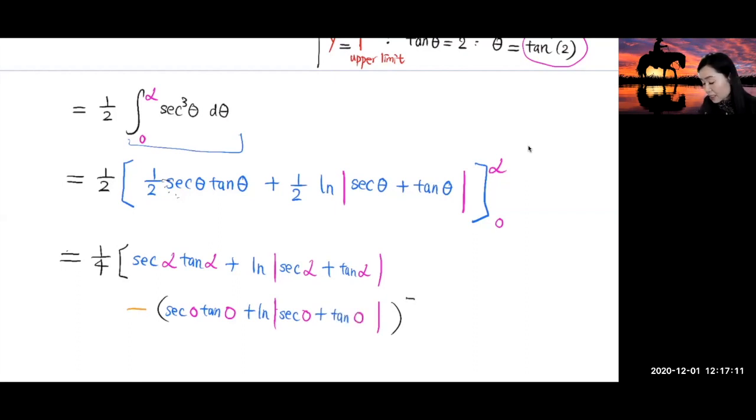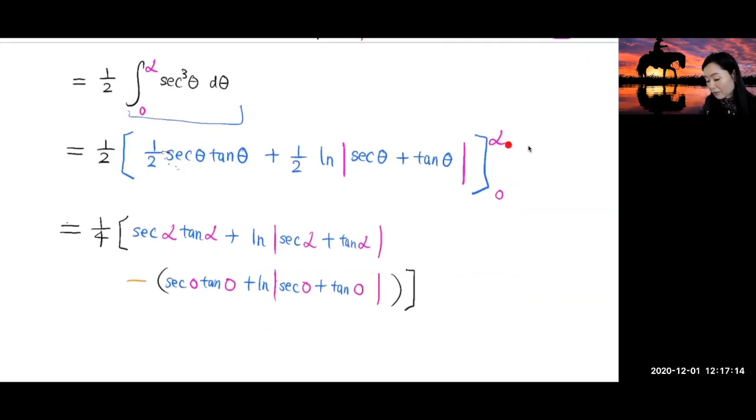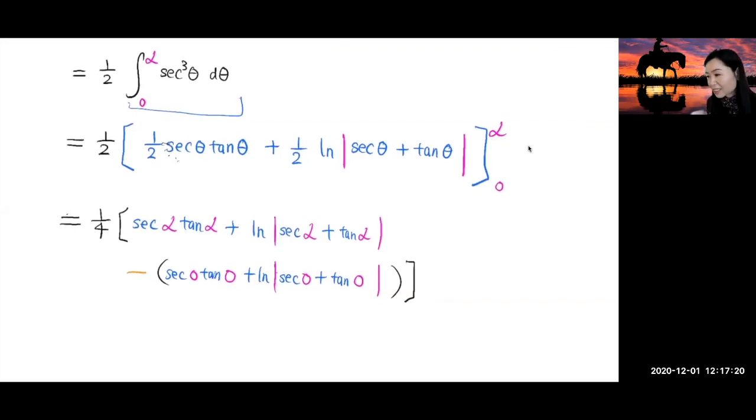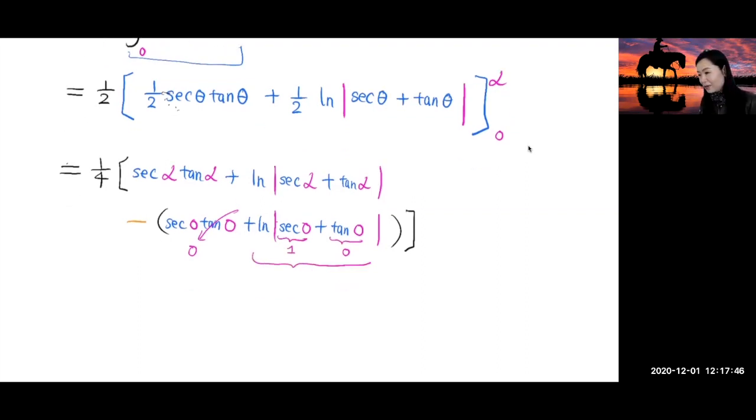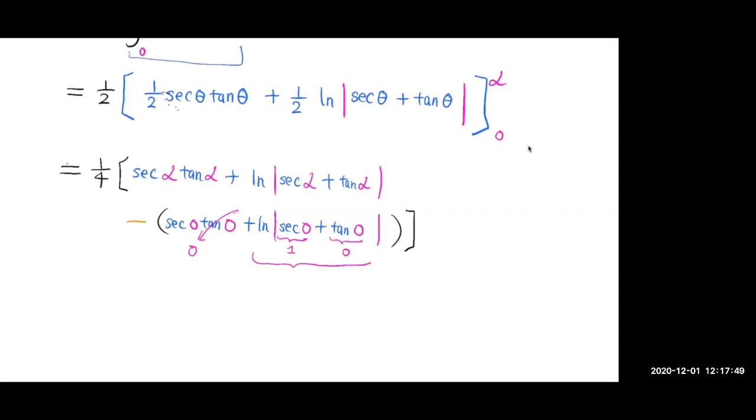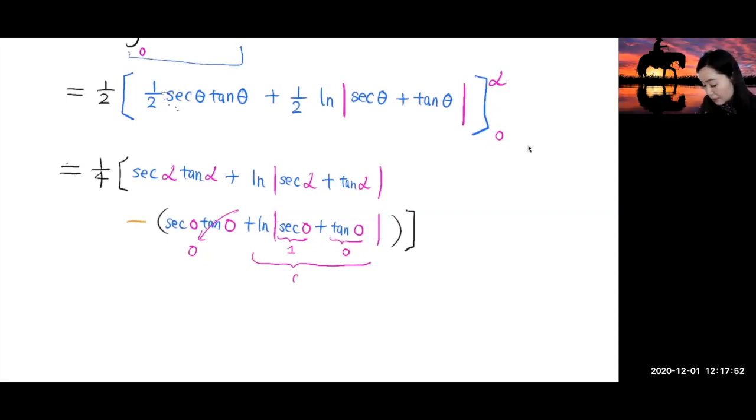Let's take care of the easy part first. Tangent of 0 is 0, and 0 times anything is 0, so this term becomes 0. Secant of 0 is 1, and ln of 1 is 0. So this part becomes 0. Let's focus on the other part.